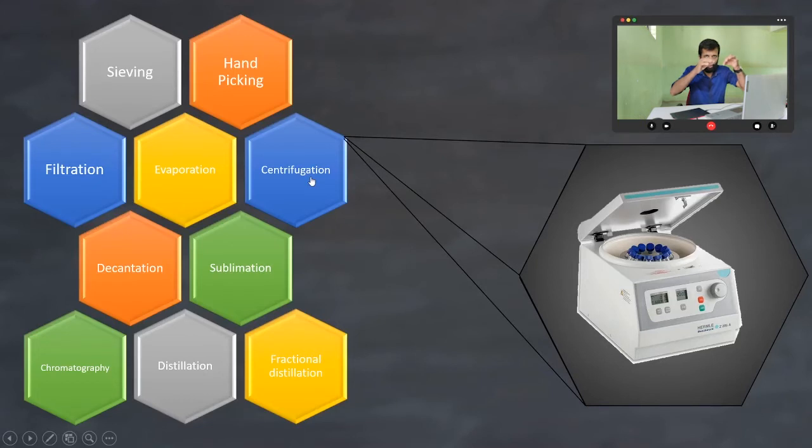When you dip your clothes in water and put them in the washing machine for spinning, what happens? The washing machine will rotate your clothes at such a speed that the water and the clothes will be separated, right? Centrifugation is the idea.